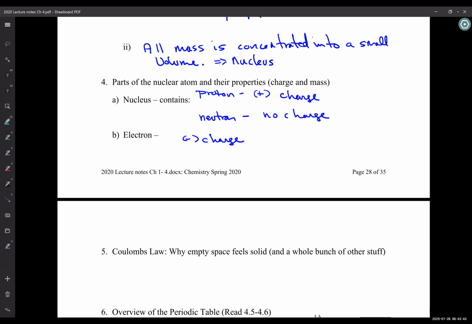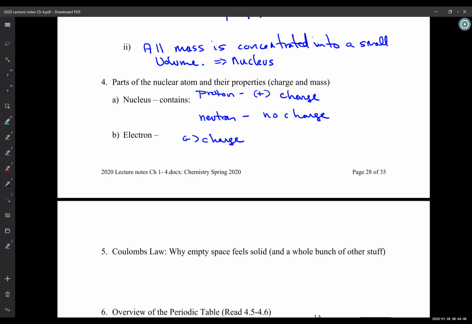And then, let's see what else is there. Protons, neutrons, mass. A proton in kilograms weighs around 10 to the minus 27 kilograms. Nobody wants to write that over and over again.